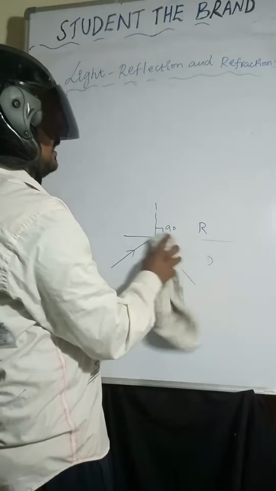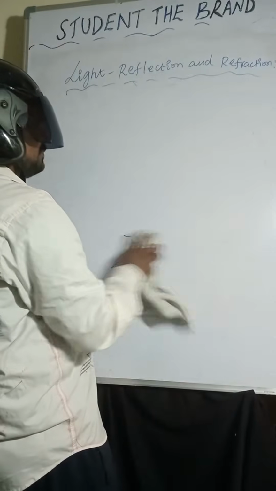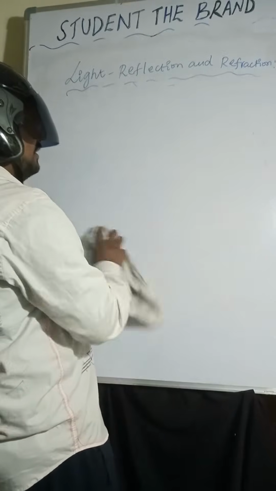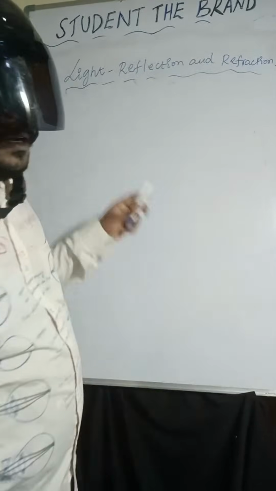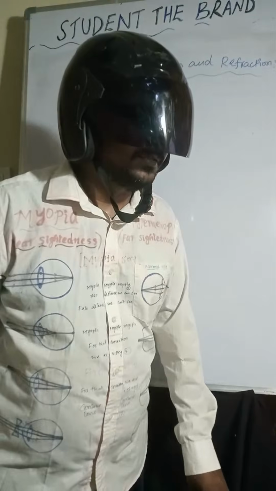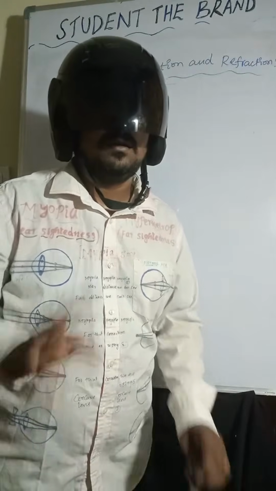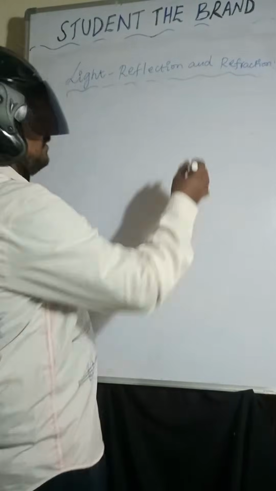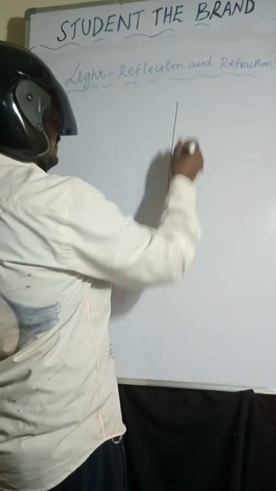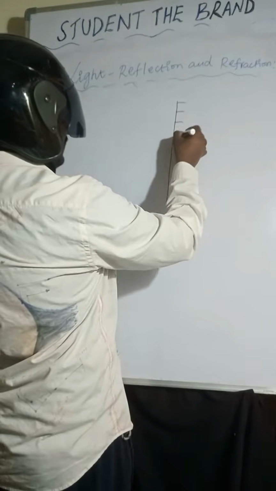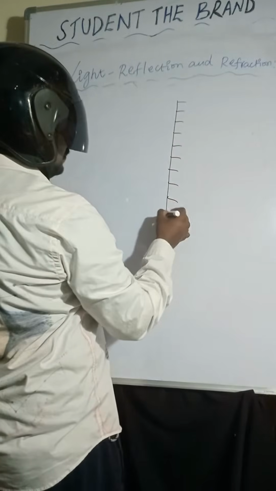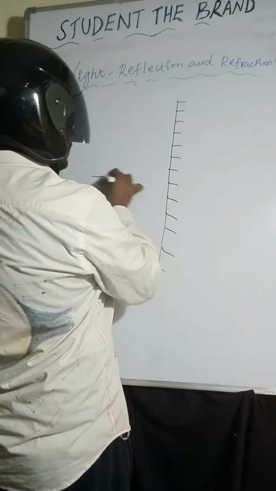Next, I am going to the next topic. Plane mirror: nature of the image formed by the plane mirror. Here you can observe, I am taking the plane mirror. This is the principal axis.